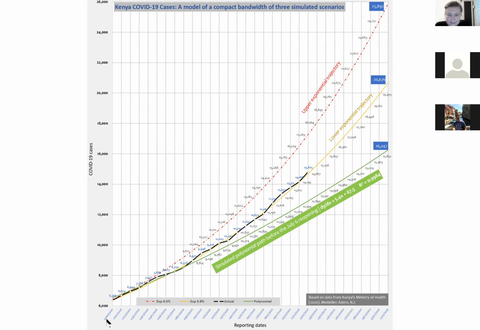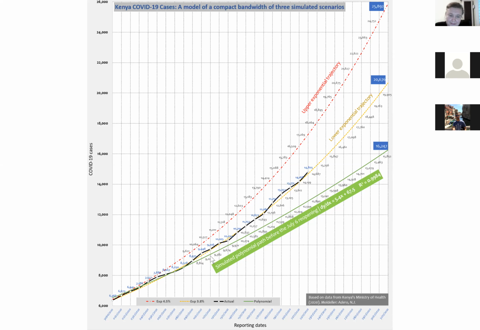So beginning from 30th June, the green line is the trend which we had before reopening. The president eased restrictions, and from 6th of July, that is here, we reopened, and you can see after 2 days, the actual number of cases, the black line, went up.